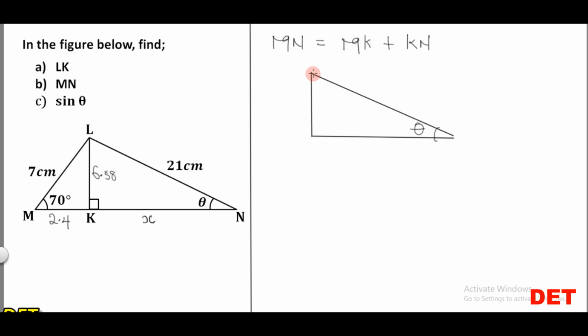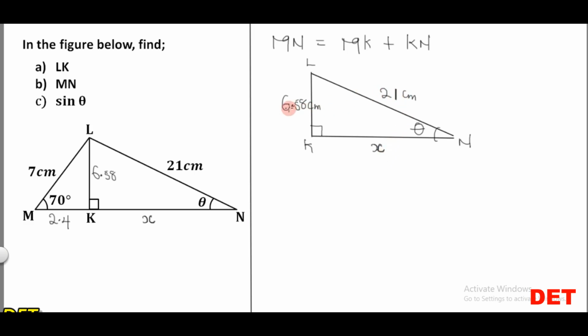From here to here, this is my L, this is my K, and this is my N. Here I have 6.58 centimeters. Here I have X. And here I have 21 centimeters. Here is my right angle. So how do I look for the value of X?